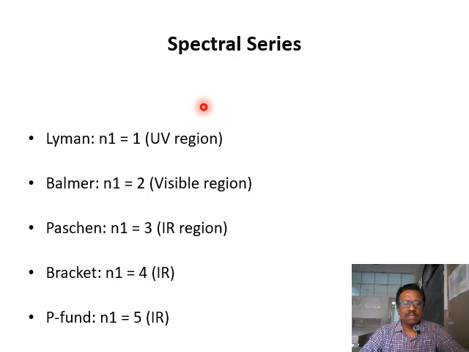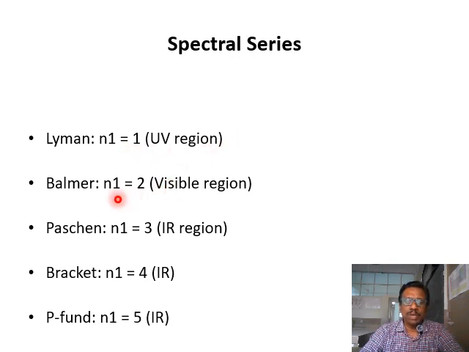Spectral lines. In the hydrogen spectrum, the lines observed are the Lyman series, Balmer series, Paschen series, Brackett series, and Pfund series. These are the 5 series observed in the hydrogen spectrum. For the Lyman series, when n1 is equal to 1, you get lines in the UV region.